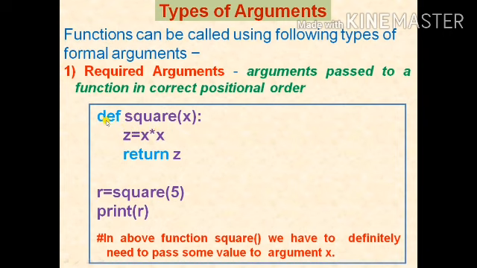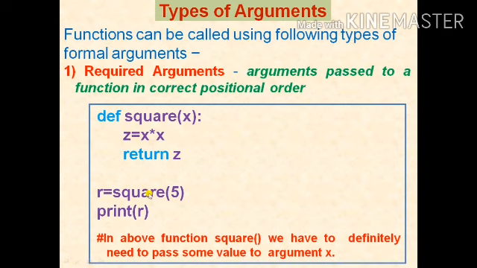If I have defined a function square and it needs a parameter x, whatever value is given to that x will be multiplied by itself and it returns the square of that x.